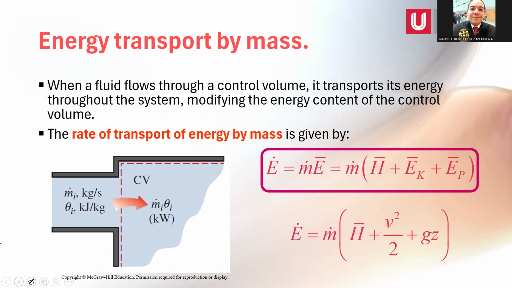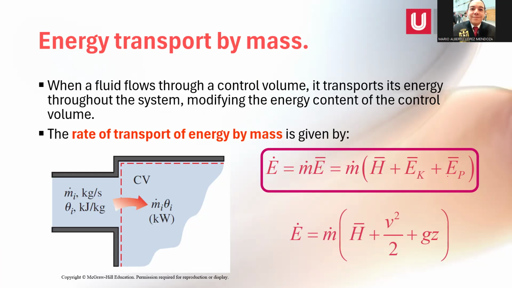So this quantity that we introduce or remove from the control volume because of the fluid flow is known as the rate of transport of energy by mass. This is a rate of energy which is being added or removed from the system.